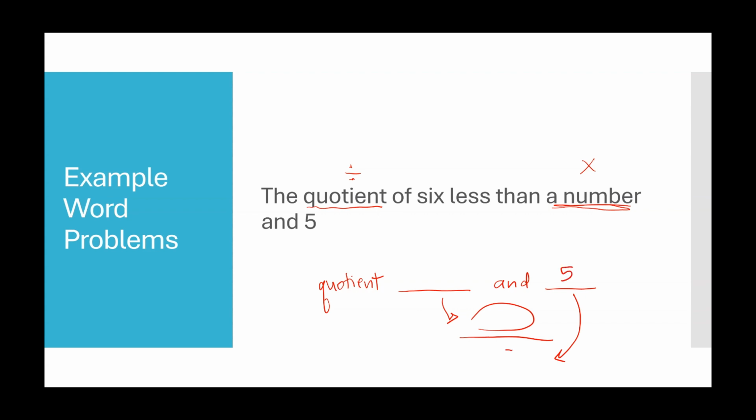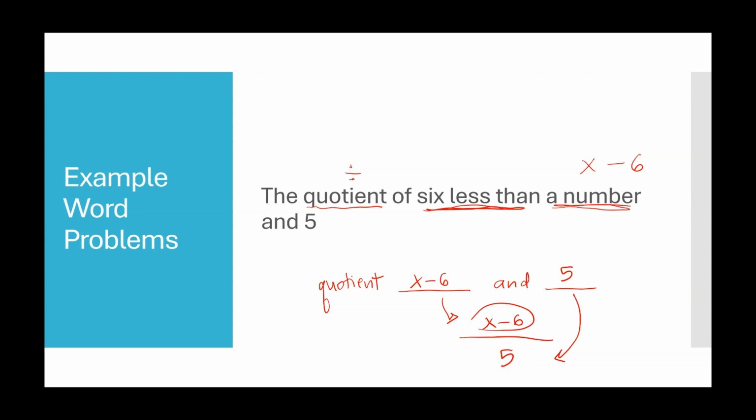So 5 is on the bottom. And then we had 6 less than a number. If you remember that 6 less than means we're subtracting 6, but we need to subtract it from x. So it needs to come after. It's a bit confusing. So 6 less than a number is x minus 6. So we are really just writing 6 less than a number divided by 5.